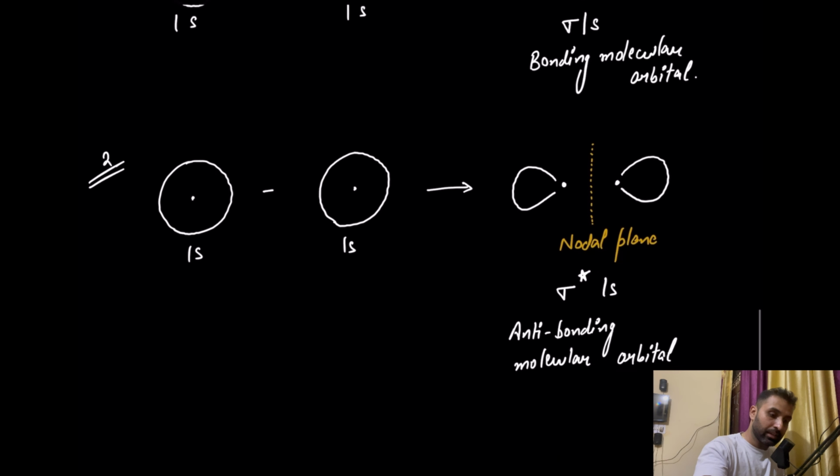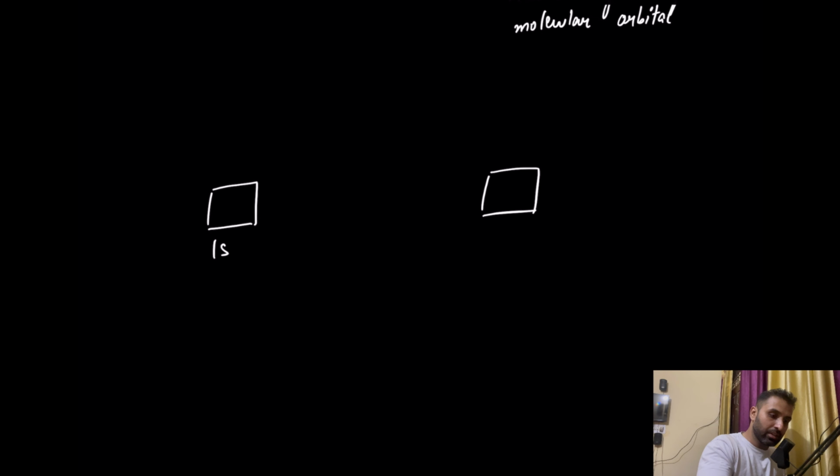Now I'm making one simple diagram to be used to fill the electrons. Here we got the 1s of first atom. There we got the 1s of second atom. When two atomic orbitals mix, we will have two possibilities. The one is the sigma 1s, the bonding molecular orbital, and the other is sigma star 1s, the anti-bonding molecular orbital.